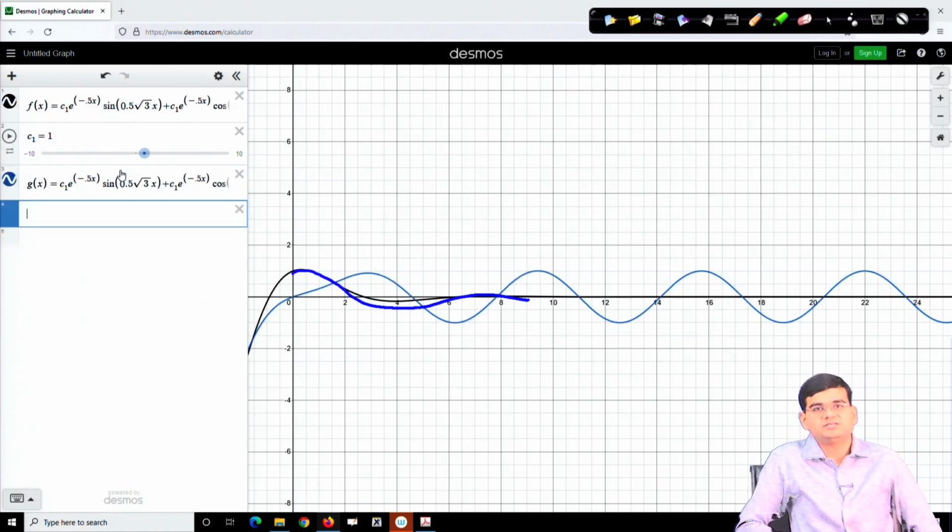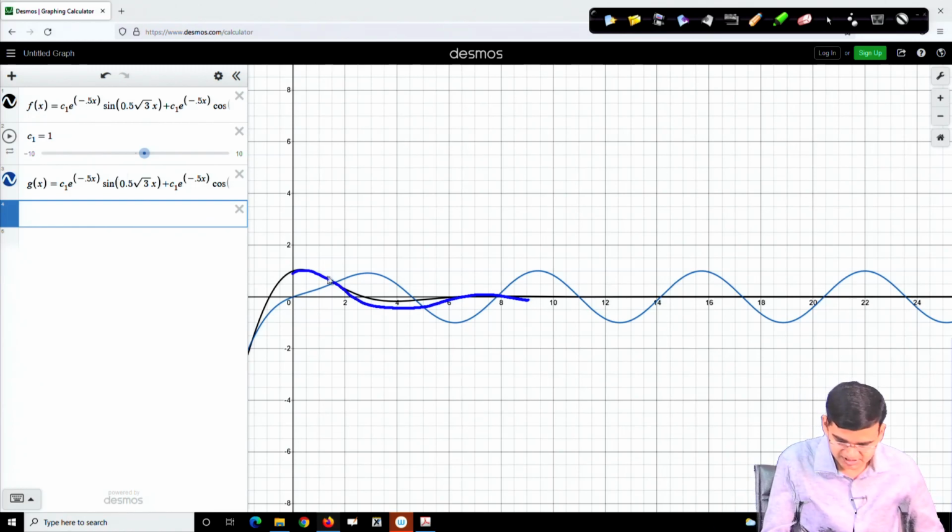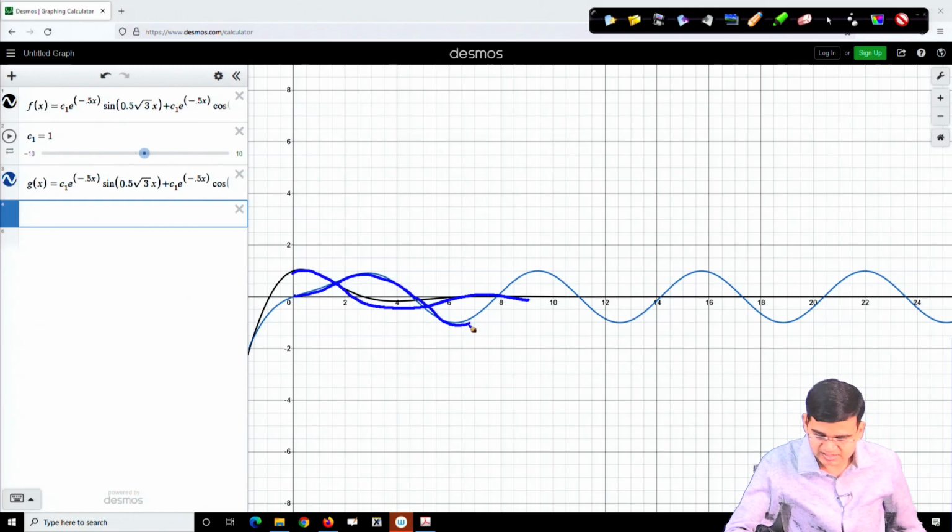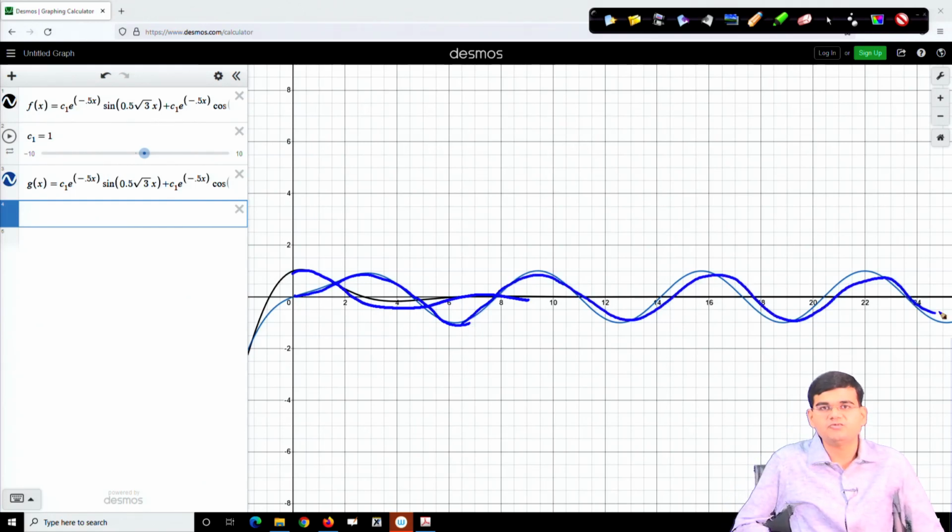And you see what happens here. You had initial transients, what you can see here, but then as time increases you simply have a very periodic behavior. And why is that happening?